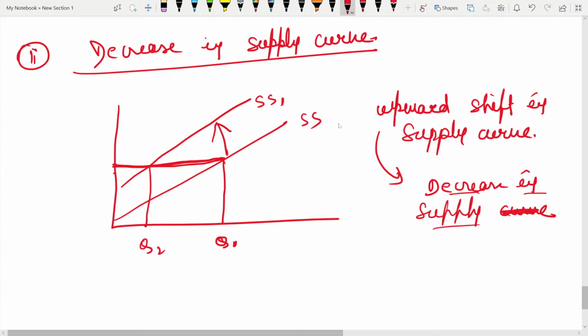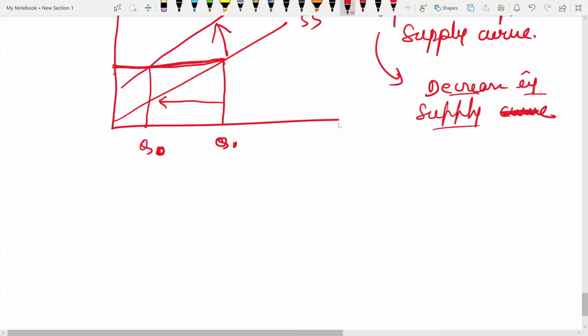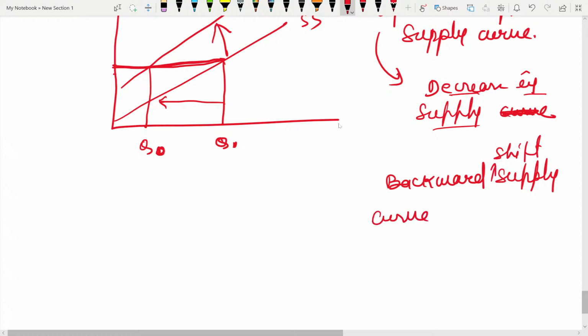As we can see, quantity supplied decreases from Q1 to Q0. Another term is backward shift in supply.